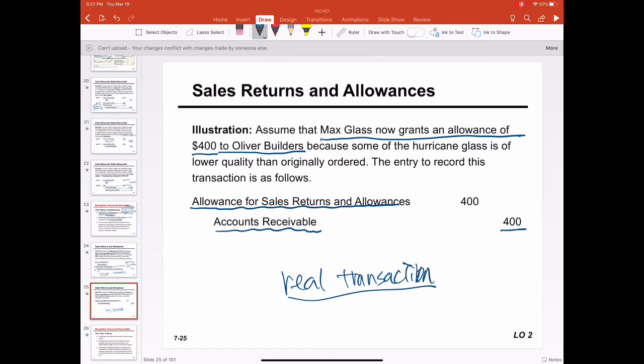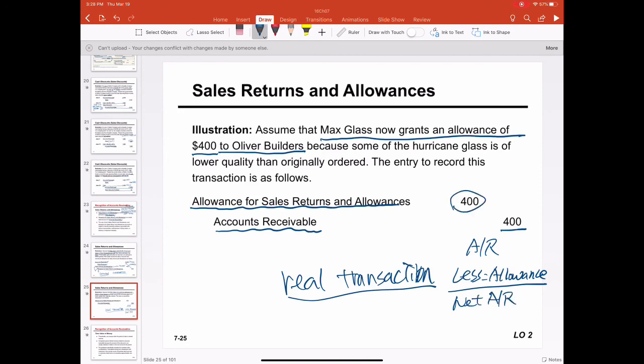This journal entry does not affect the balance of assets. Why? Because accounts receivable is a gross amount. It is less allowance for sales return and allowance to get net accounts receivable.